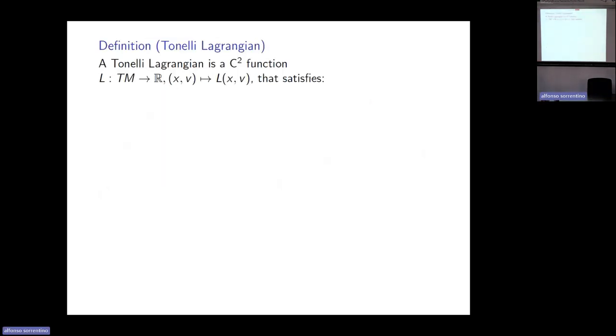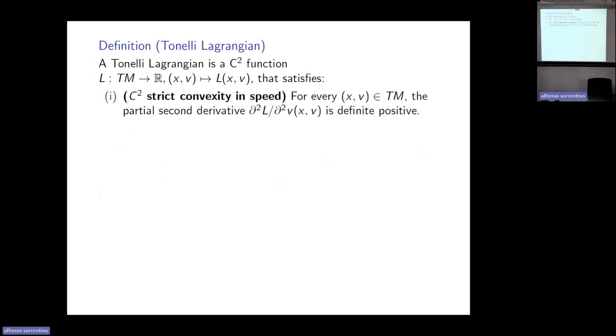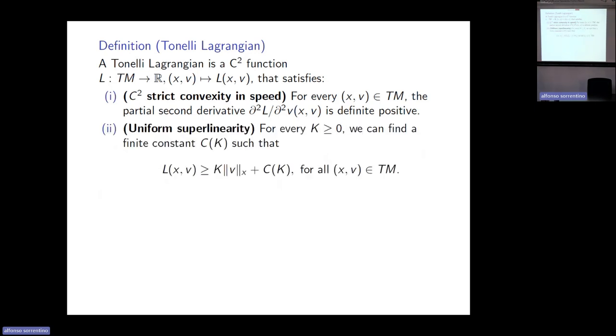Now, the definition of a Tonelli Lagrangian. A Tonelli Lagrangian is a C2 function defined on the tangent bundle that satisfies C2 strict convexity in speed. So for every (x, v) in the tangent bundle, the second partial derivative with respect to v is positive definite. This is, of course, very strong convexity of L in v.